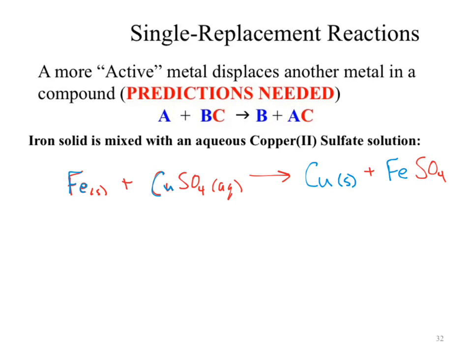We now have to make sure our formulas are correct, and this is actually why that other equation showed up. What is the charge on sulfate? -2. What is the charge on iron? We don't know. You don't know. Okay, by having to predict this, we don't have any information that allows us to decide what the charge is on that iron. For the sake of simplicity, we will make an assumption.